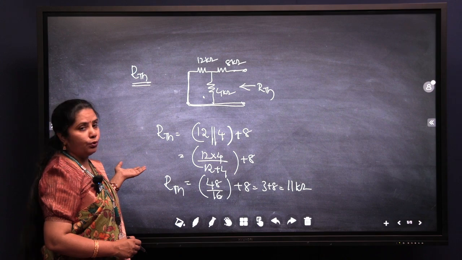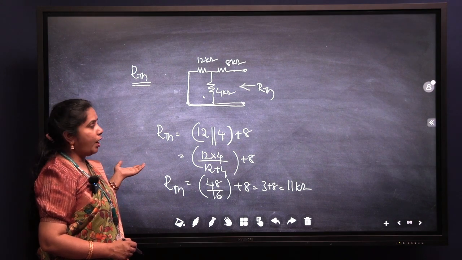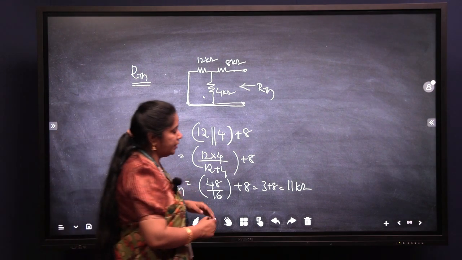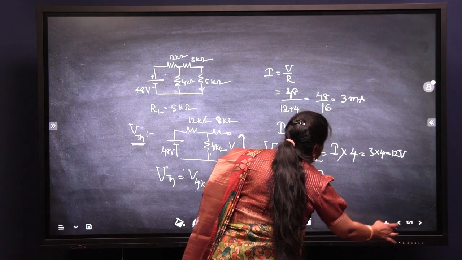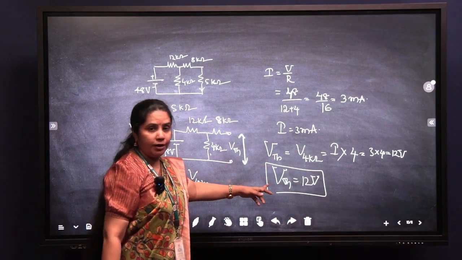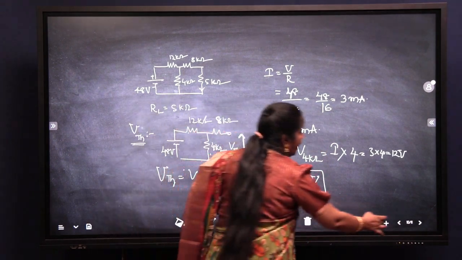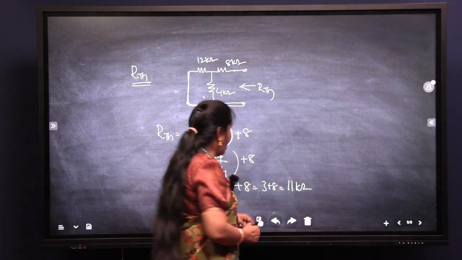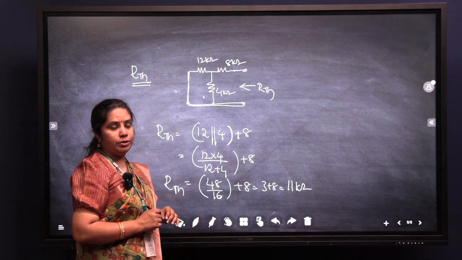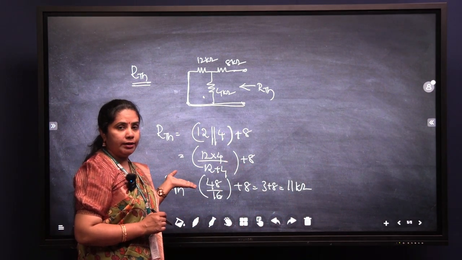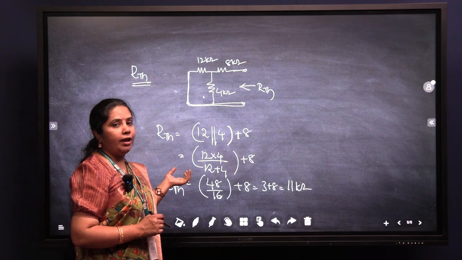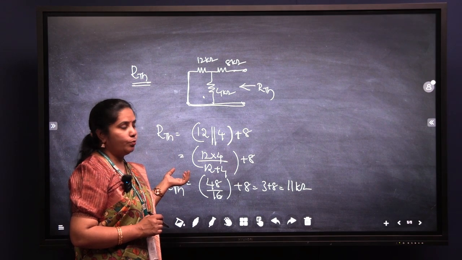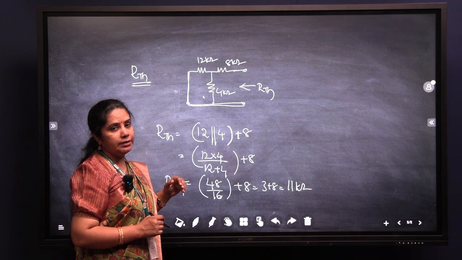Previously you have observed that the VTH value is 12 volts, and next our RTH value is 11 kilo ohms. So if you know VTH and RTH, and already you know the value of the load resistance, that is 5 kilo ohms, now we can draw the Thevenin's equivalent circuit.